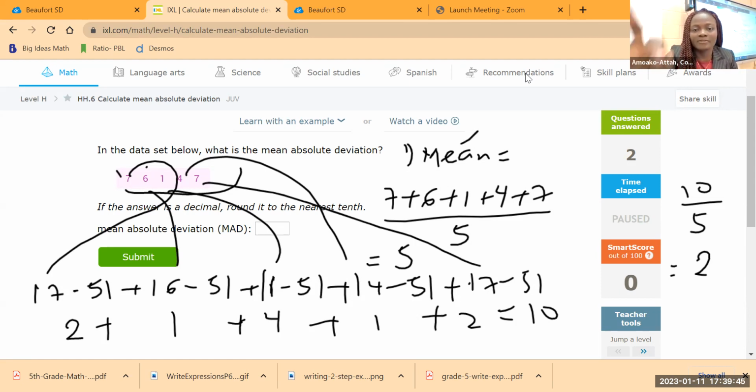Step 2: subtract the mean from each value and find the sum of the absolute values. Step 3: divide the answer you get by the number of values.